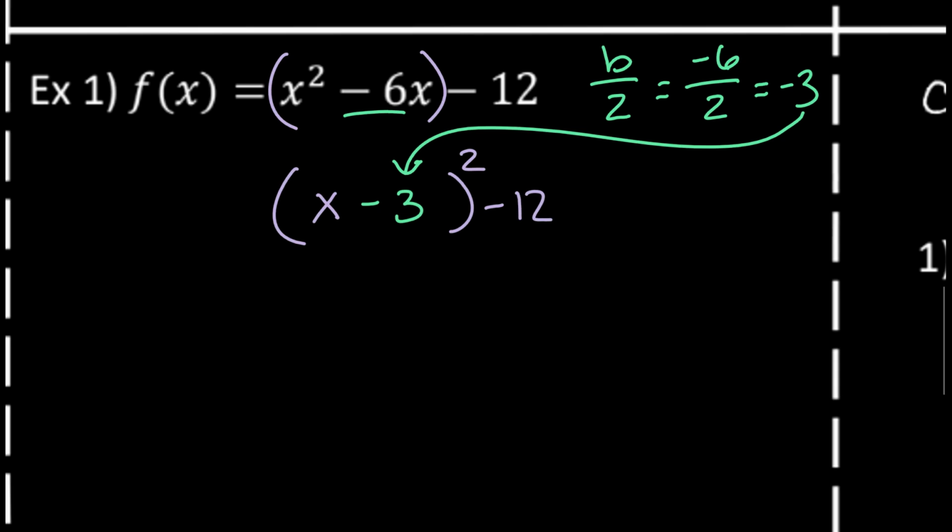Now, remember I said that when we squared the x minus 7 and x minus 7, we accidentally got a 49, right? We accidentally added in a constant that wasn't there before. What happens to an equation if you add in something to one side? You do the same to the other side to keep it balanced. So, what if I was going to multiply this out, x minus 3 and x minus 3?